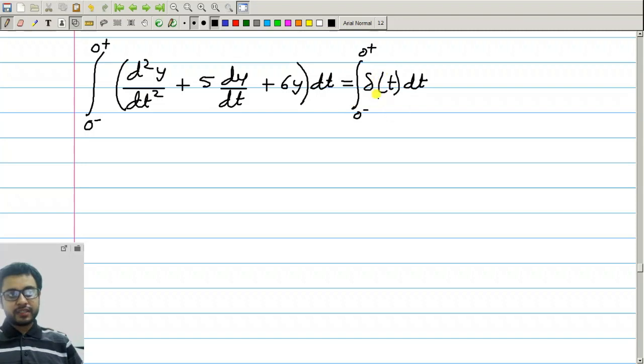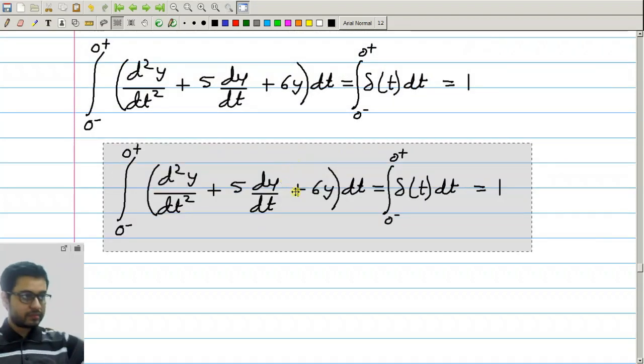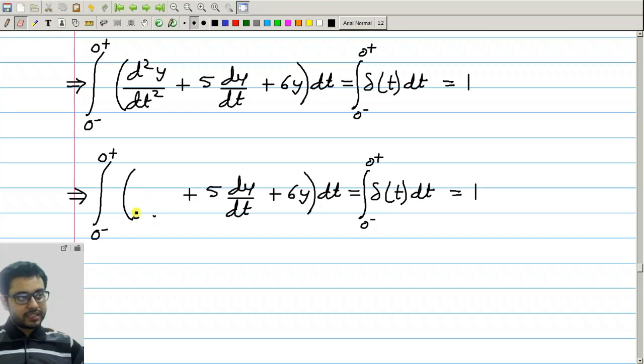But right side is equal to 1 because the area under the delta function is 1. Now the left side can be written as this, where I will write this second derivative as d dt of dy dt.